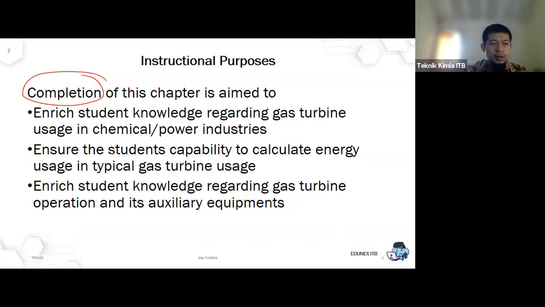The responsiveness of this equipment is significantly better compared to the steam turbine. Why? Because when you want to increase or decrease the load of your steam turbine generator, it is kind of sluggish. We are not going to have a quick response.